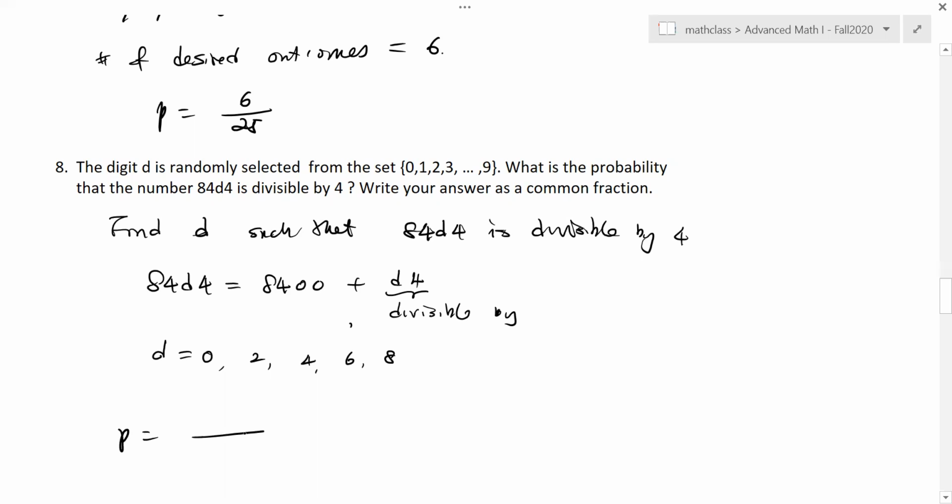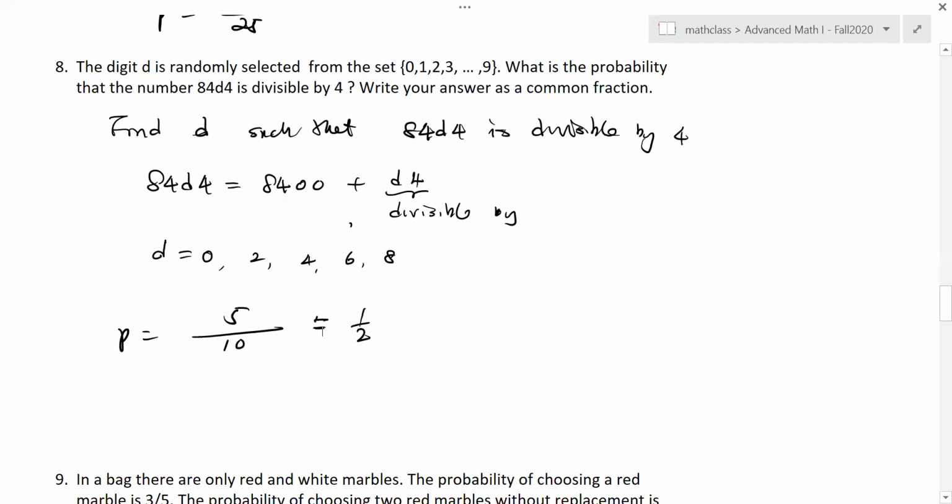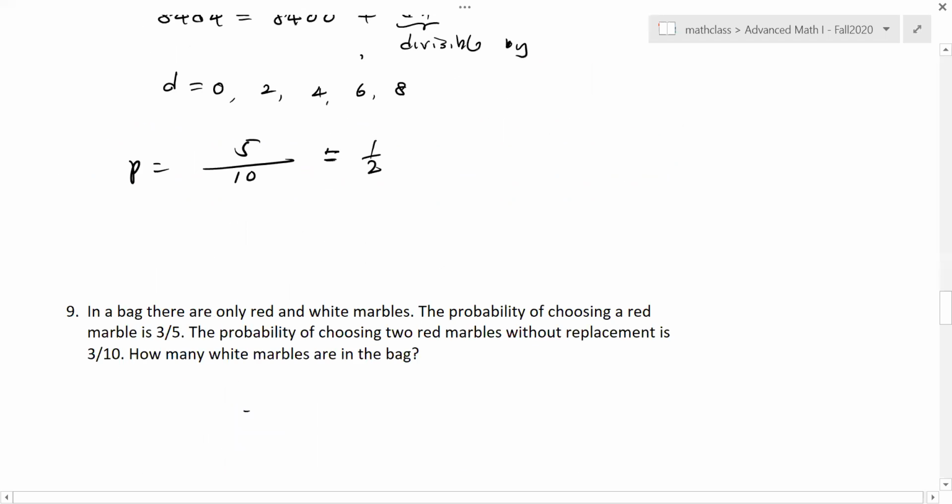The probability is 5 over 10, since there are 10 digits without any restriction. So the answer is 1 over 2. Good job. Okay, how about the next one?